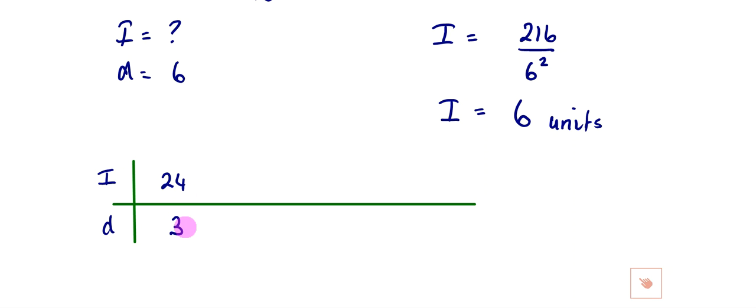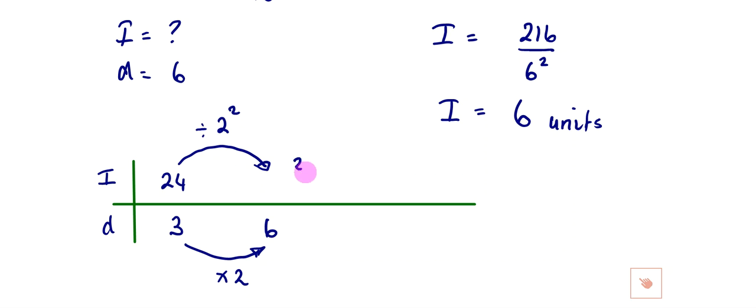Now, if we're going to use the table method, and it says move that to 6, so we say that has been times by 2. But if you remember how to use the table method, this needs to be divided by, well, if it was purely an inverse relationship, it would just be divided by 2, but it's a squared, so we have to divide by 2 squared. So 24 divided by 4 is 6. So we can use that method if we want.